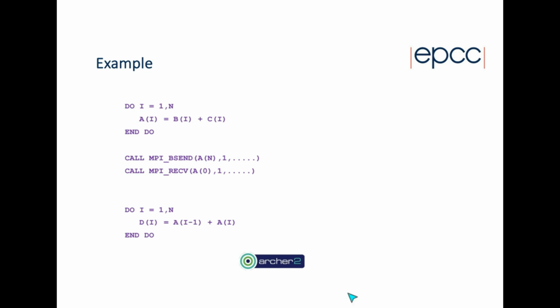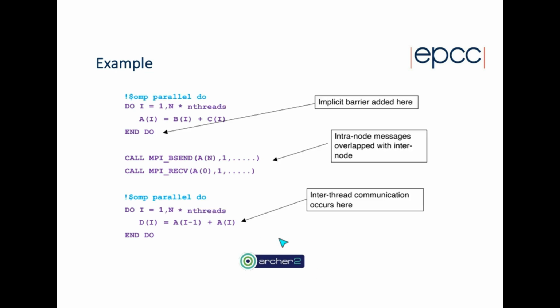If we think about running that as pure MPI, then that's fine. Now let's think about what happens if we turn that into a hybrid program. So we make both of those loops parallel with OpenMP, and we preserve the same total global problem size.